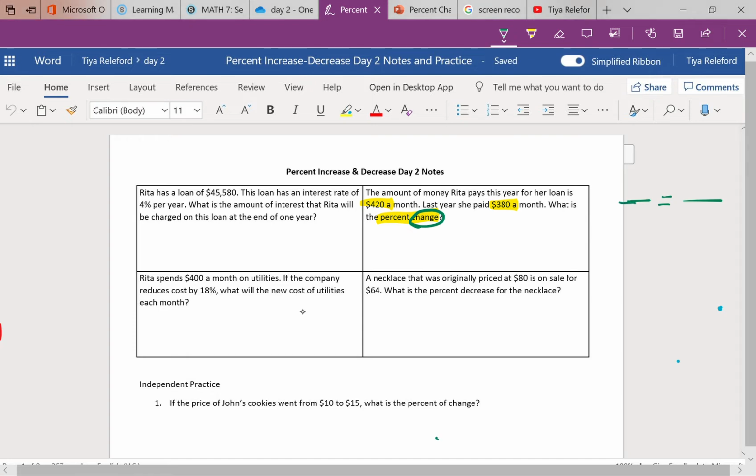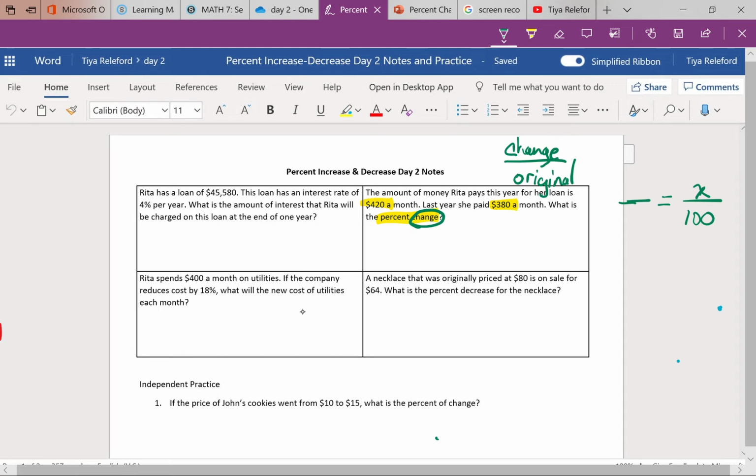So percent proportions always have a 100, and the percent goes on top of the 100. We don't know what that percent is, so we're going to use an X. On the other side, it's change over original. How much did what Rita pay change?